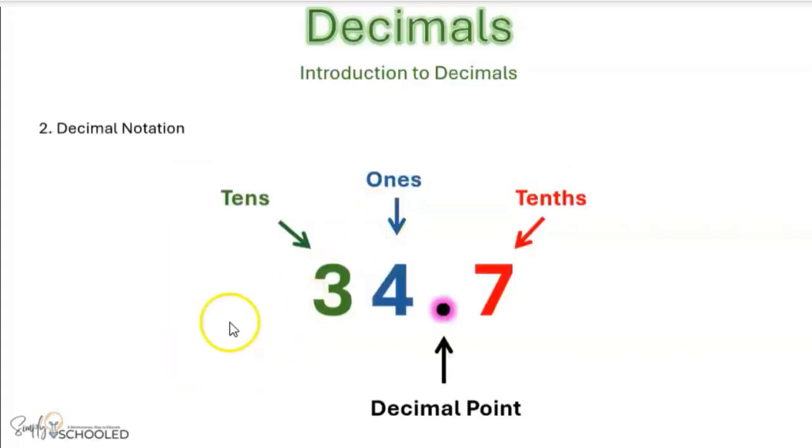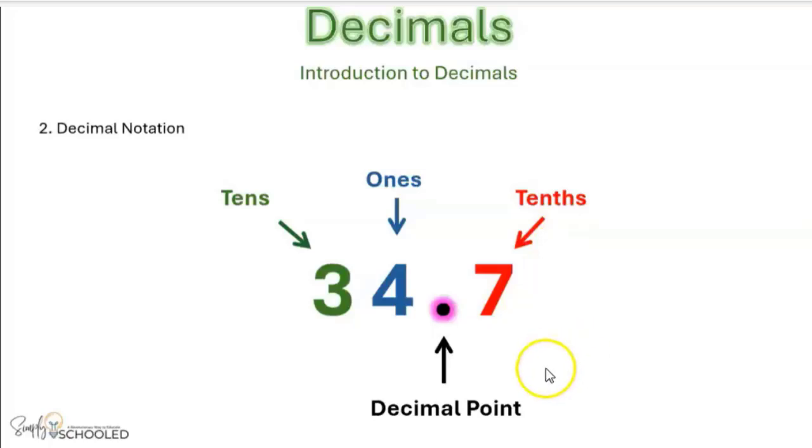Okay, so decimals. The decimal notation is the point, or what we call the decimal point. What it primarily does is separate our whole numbers from our decimal numbers. So as you can see here in the whole number 34, 3 is in the tens place, 4 is in the ones place, then we have the decimal, and then the 7 is in the tenths place.